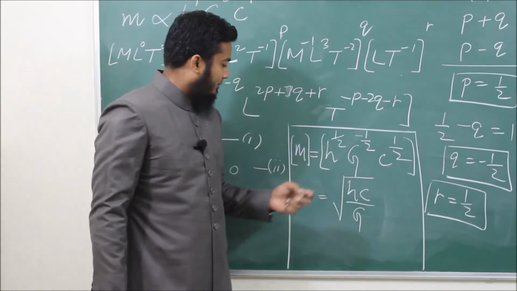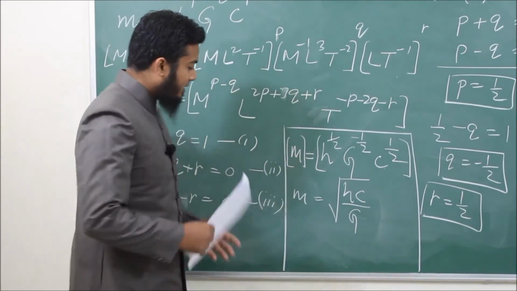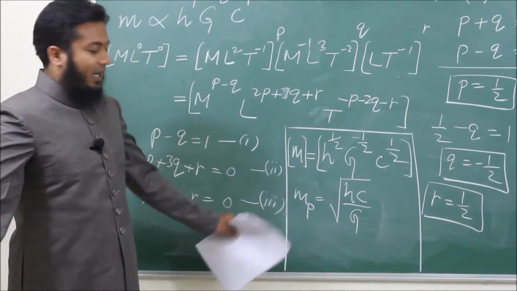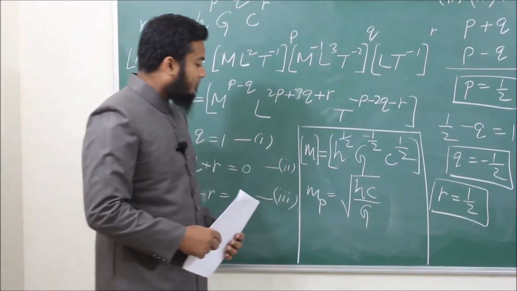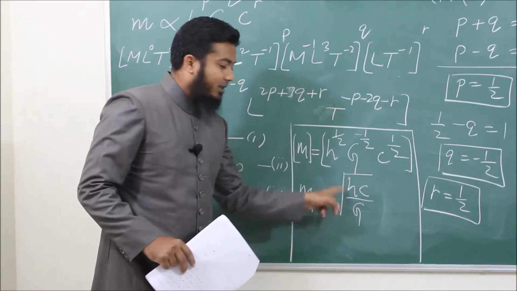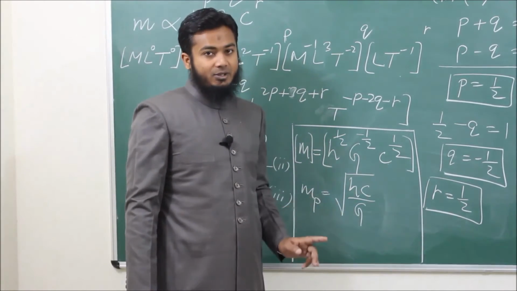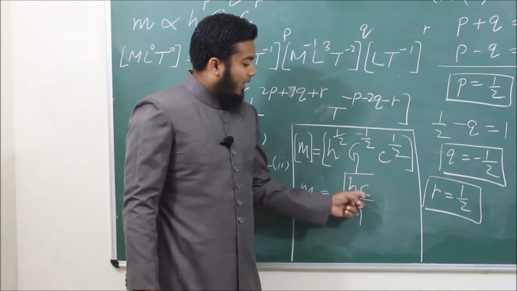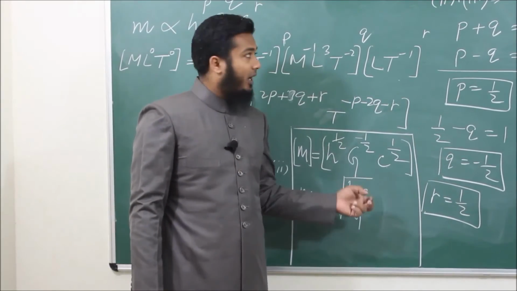Let's call it M_P, P for Planck's, so let's call this Planck mass. So how much will 1 unit Planck mass be in this system? You can put the value of h, which is 6.6 into 10 raised to the power minus 34 joule second, and the value of c in vacuum is 3 into 10 raised to the power of 8.